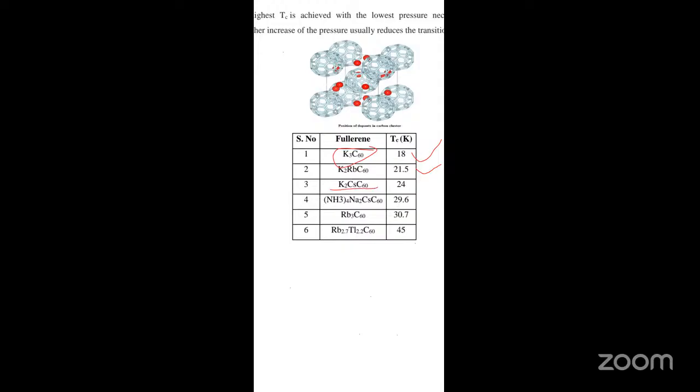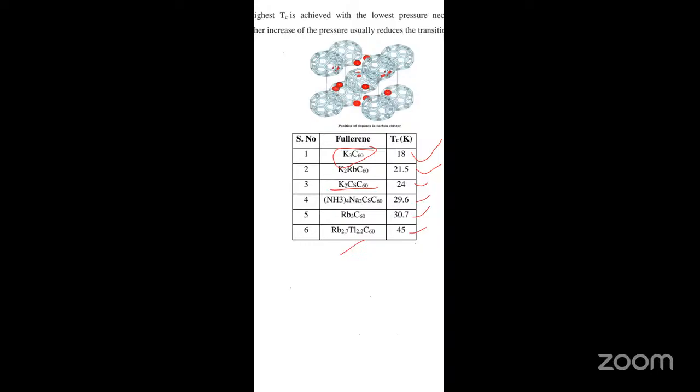And in K2CsC60, cesium is introduced into that closed cage structure, so it shows superconductivity at 24 Kelvin, and with some other materials included in C60 the temperature increases.